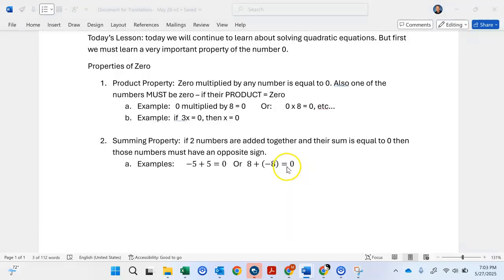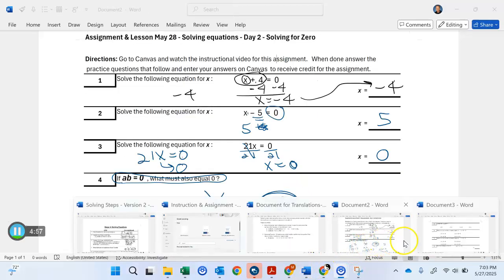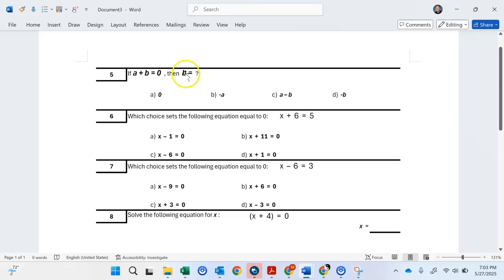So if B plus A is equal to 0, then B must be equal to the opposite of A, so it has to be negative A. If you have A plus negative A, we know that's equal to 0. That's why B would have to be equal to that.